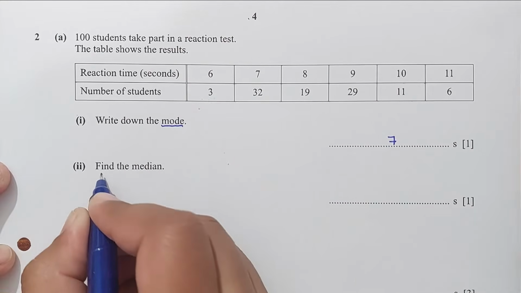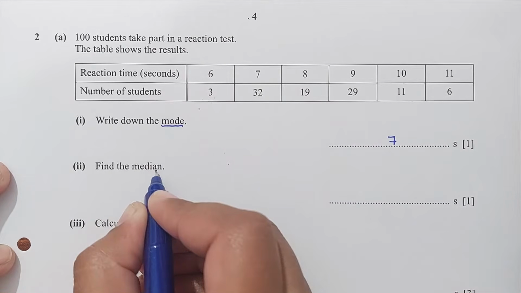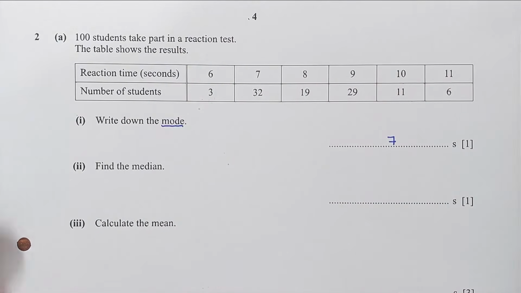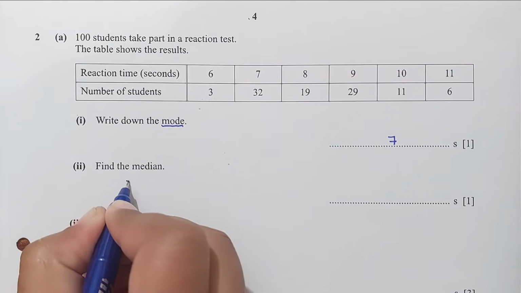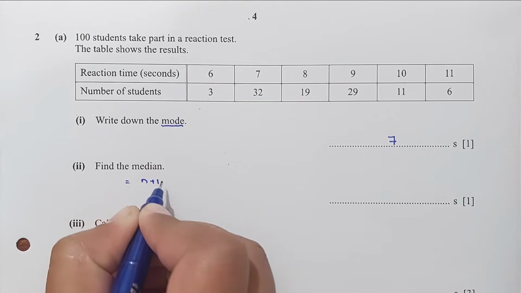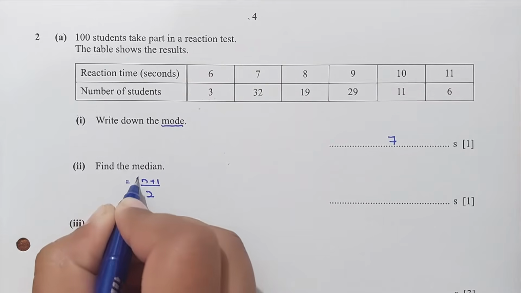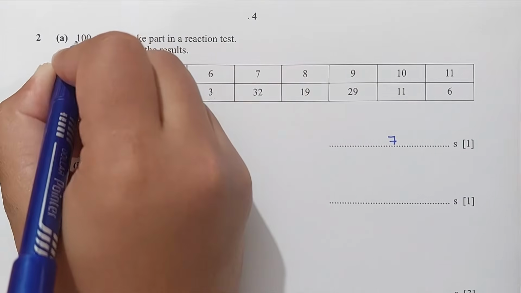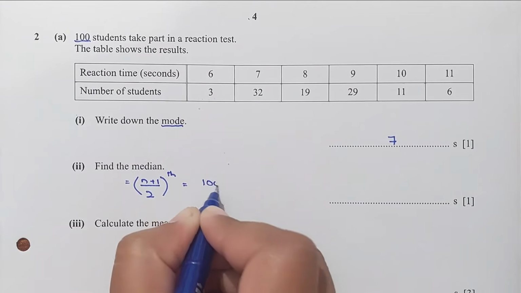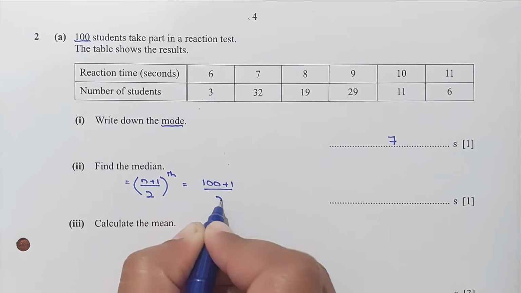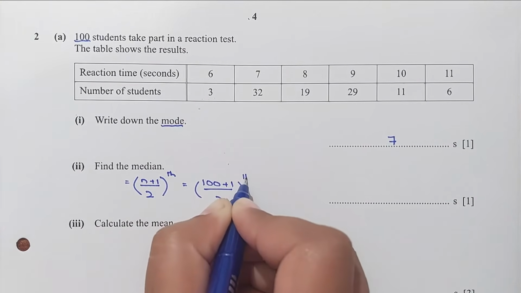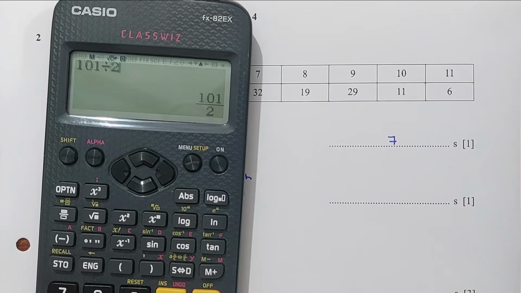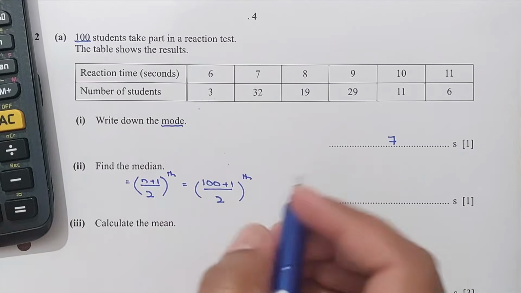Right. Now for the second part, find the median. Median is the middle value of the data. Since the numbers are even, right? The formula of median is the (n plus 1) divided by 2 th term. So n is 100. So we can say 100 plus 1 divided by 2. We have to calculate this value. 101 over 2 is 50.5.